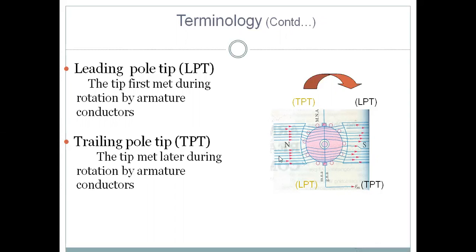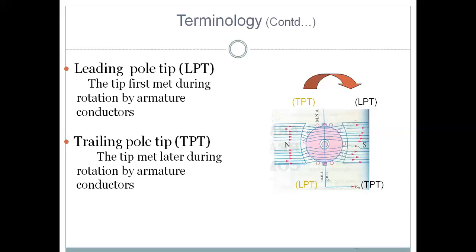When this is rotating in counterclockwise direction, first it will touch this pole tip, then this pole tip is called leading pole tip, and it will leave this pole tip. The tip met later. This conductor first touches this tip, later it will touch this tip.